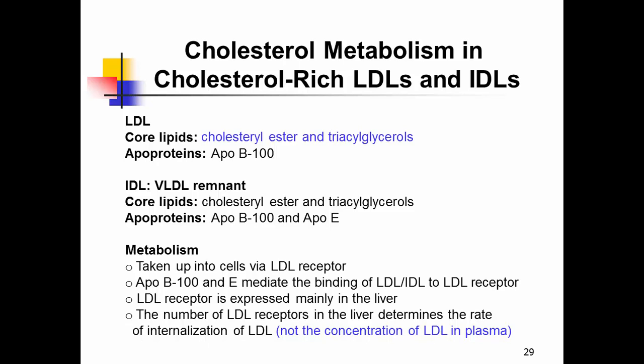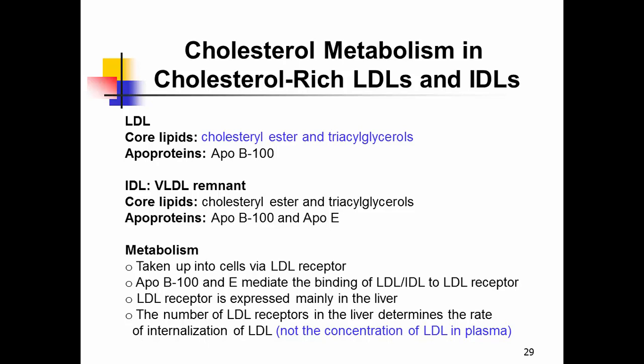And I also mentioned that two important apoproteins, ApoB100 and ApoE, are important for recognition by the LDL receptor. They are also very important for controlling the rate of LDL uptake into the cells, right? The LDL receptor is expressed mainly in the liver, but also in other peripheral tissue.